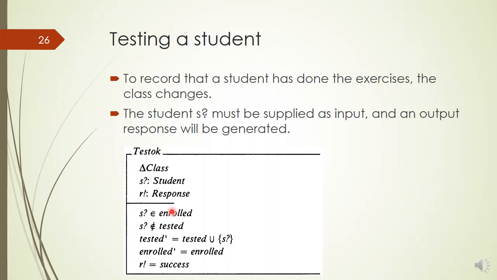And test OK has two preconditions. The first precondition is that the input student must be enrolled in the class, and the input student should not already be tested. And these are two postconditions as usual. By applying the operation test OK, the response would be success.